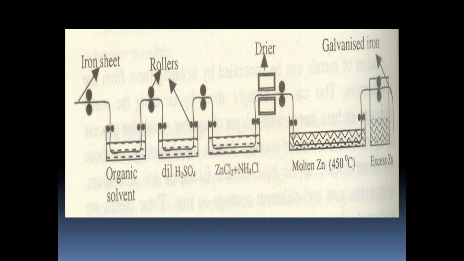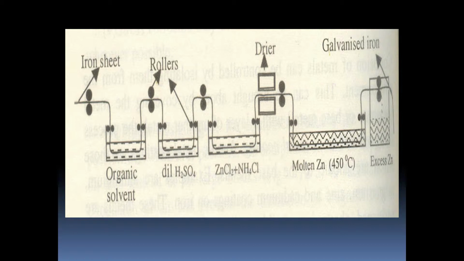Then, to make it a little harsher, we pass it into dilute sulfuric acid, which will remove almost all inorganic as well as organic substances present on the sheet, and hence it is cleaned. It is passed through the brushes of the rollers, and then the sheet goes into a tank containing molten ammonium chloride as well as zinc chloride.